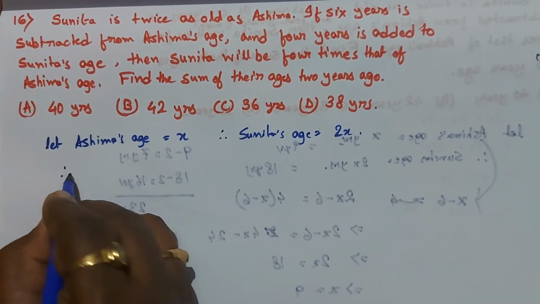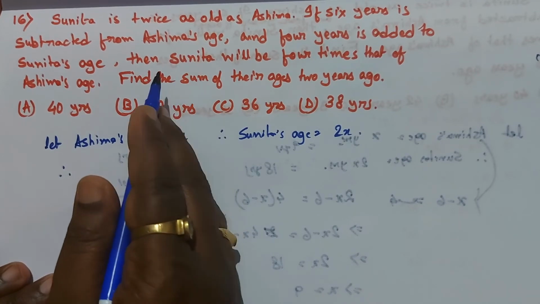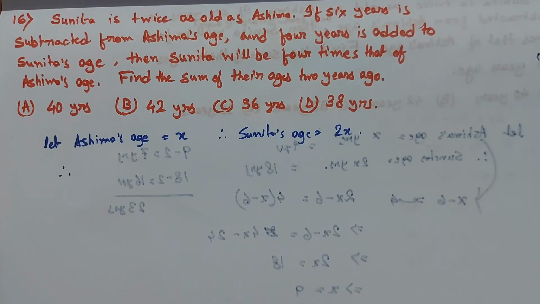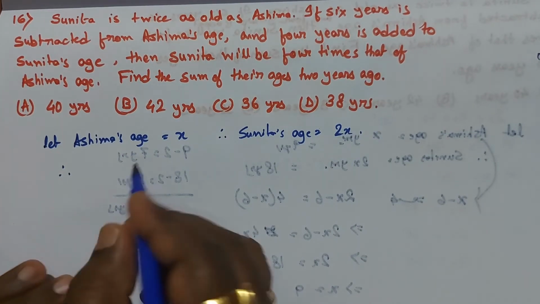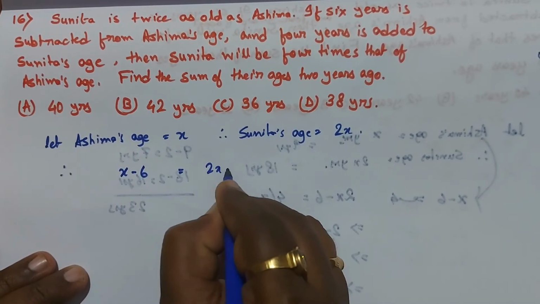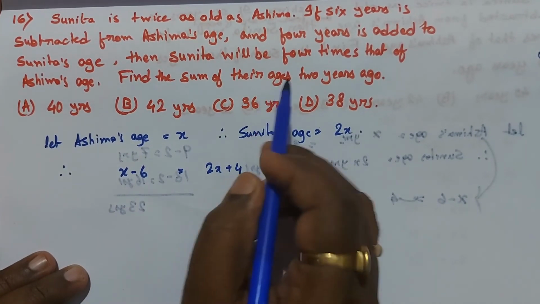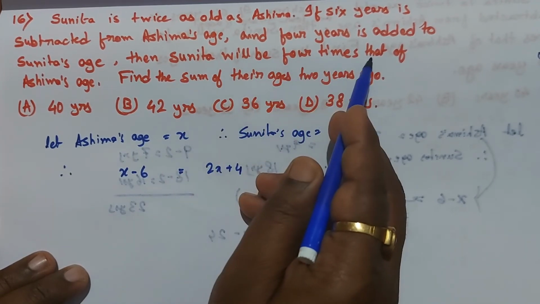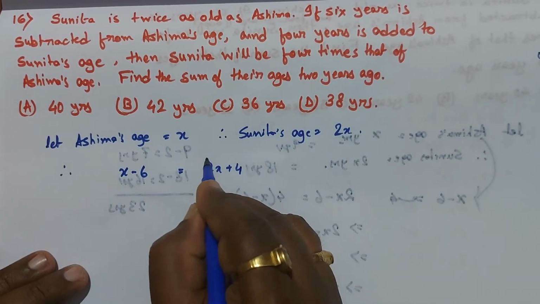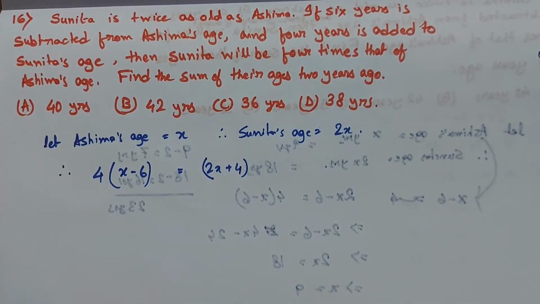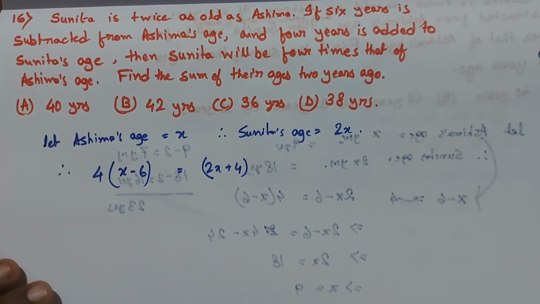Now 6 years is subtracted from Osima's age and 4 years is added to Sunita's age, so x minus 6 and 2x plus 4. Then Sunita will be 4 times Osima's age. So 4 into x minus 6 is equal to 2x plus 4.